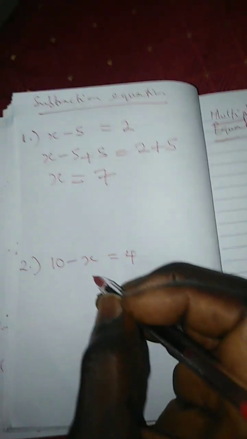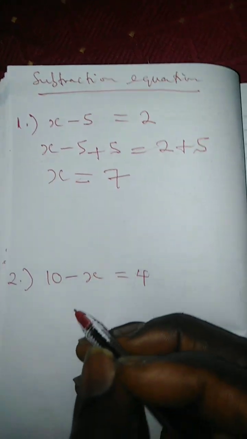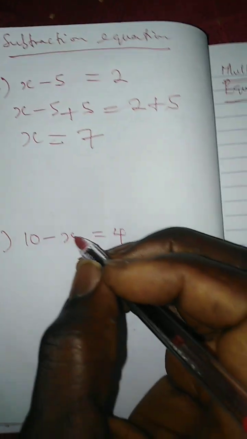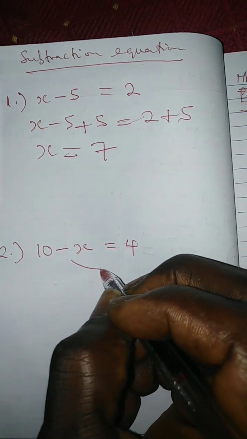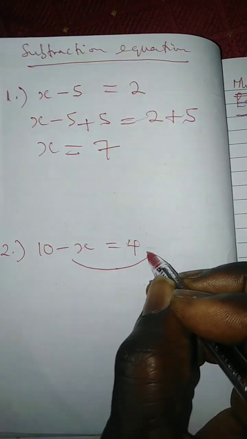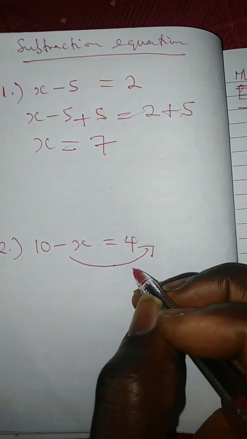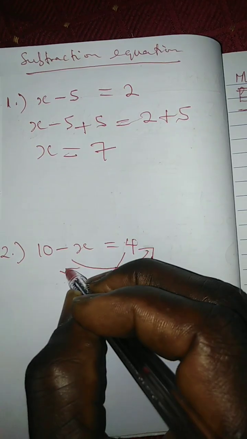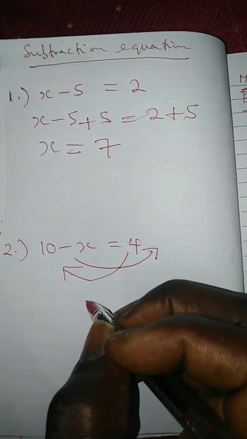For this other side, the subject of the formula is carrying negative. So this side is going to cross to the left hand side and turn positive, while the 4 will cross this way and also turn negative.